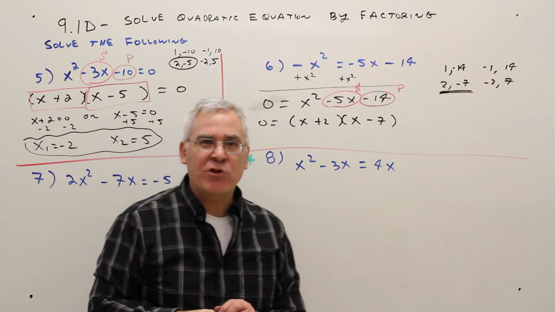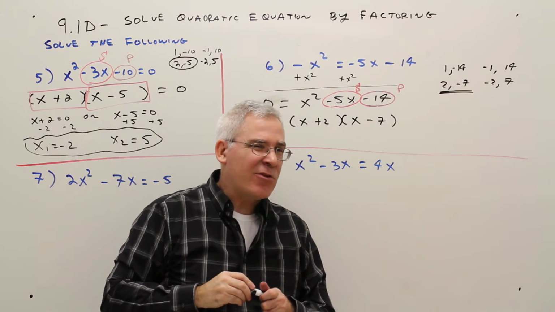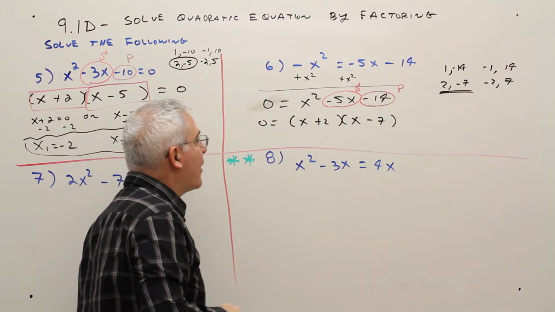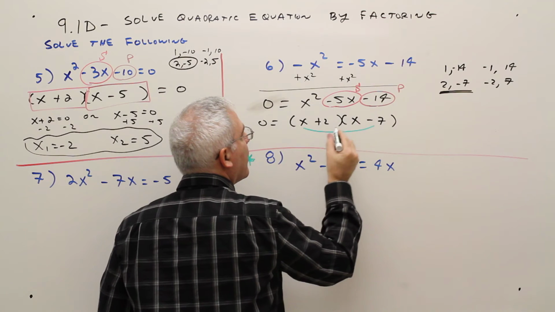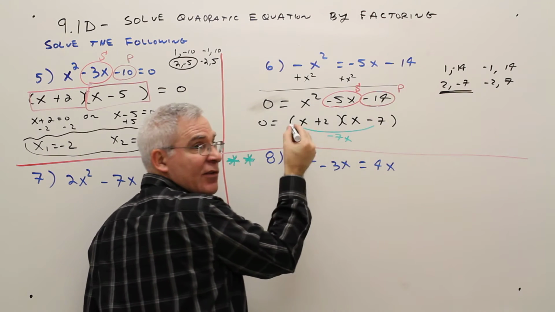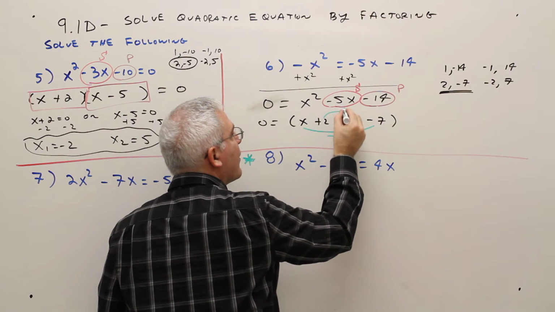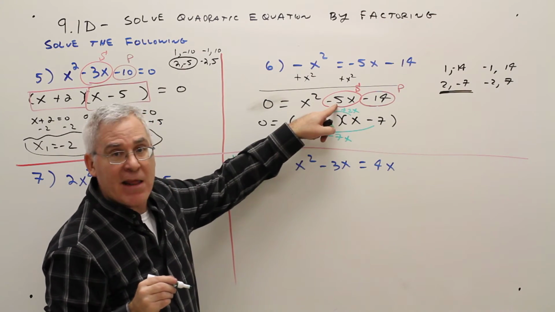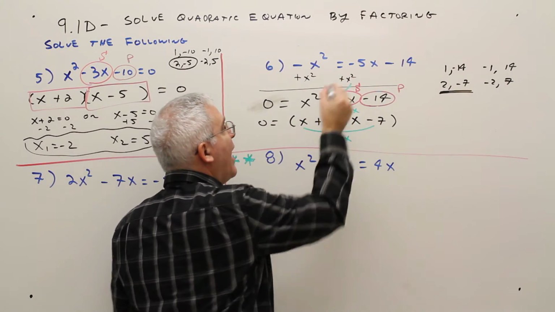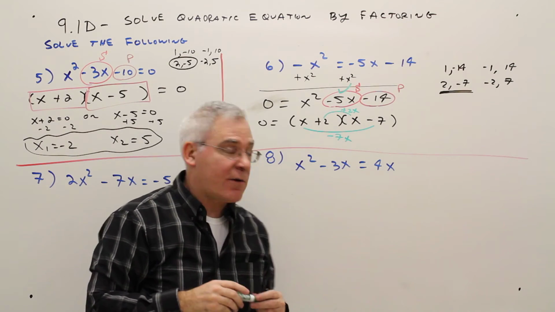To check my factoring, I usually do what's called an OI check. So the outers, minus 7x, the inners, plus 2x, and does that sum to minus 5x? The answer is yes.